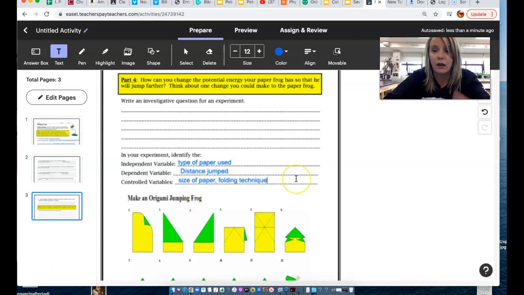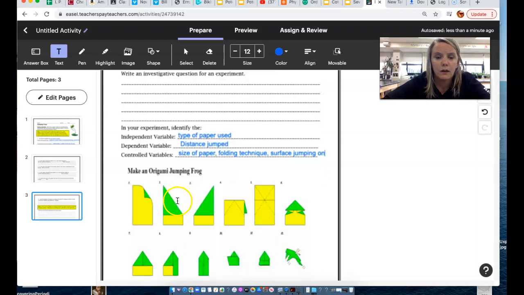We should make the same kind of origami frog, right? To make sure that we're really testing that one variable. If you can think of any other, maybe the surface that you're jumping on. If you can think of any other controlled variables, that would be great, and you can write those in there.